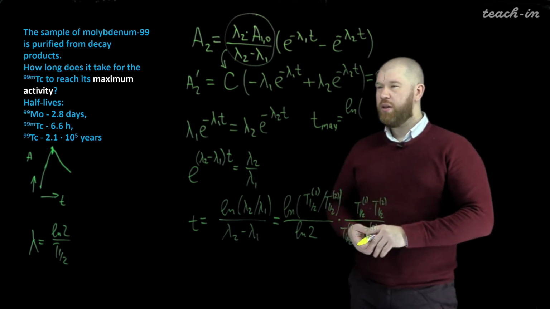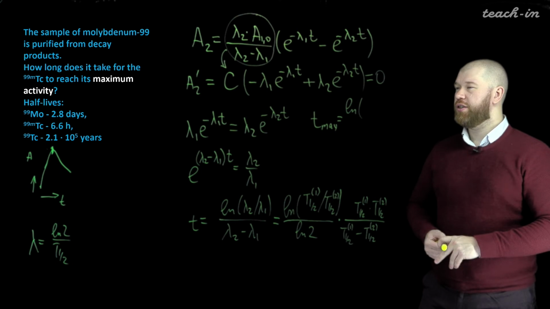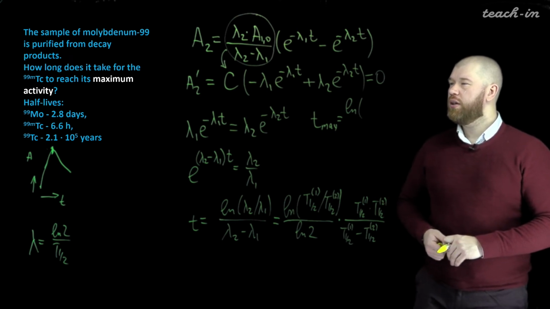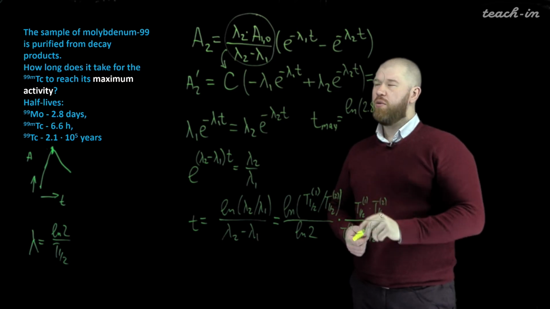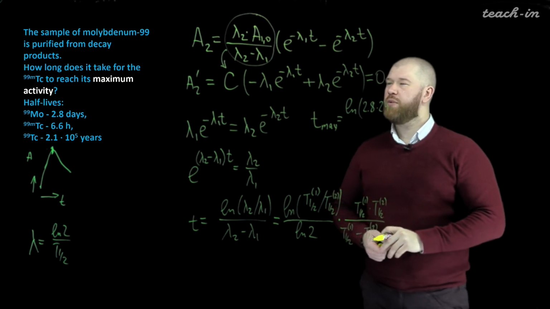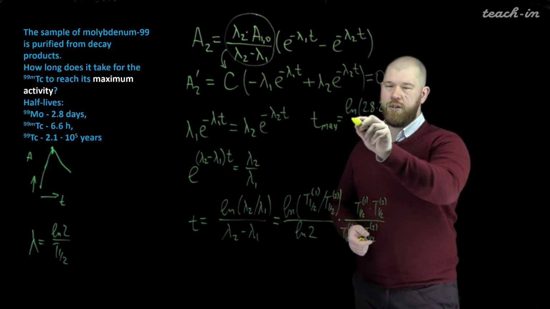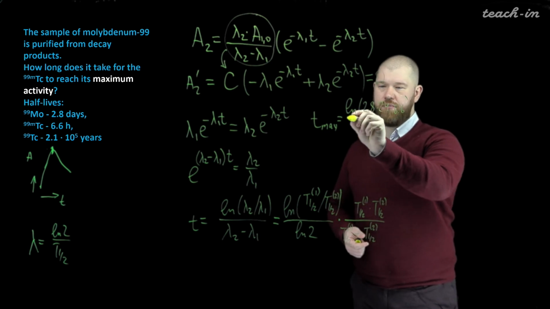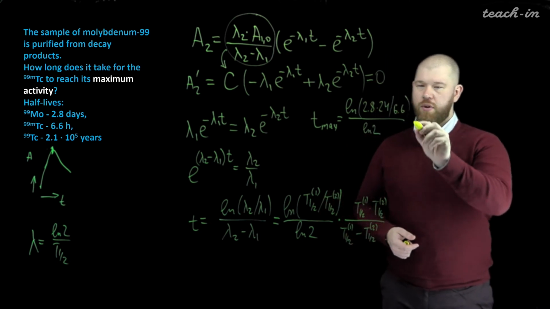So now we can put our numbers in this expression. 2.8 days we should convert to hours, because for technetium-99m we have the half-life in hours, divided by logarithm 2.